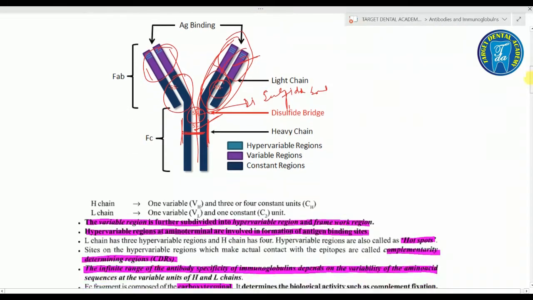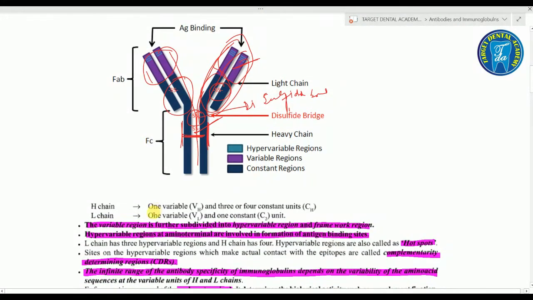The heavy chain has one variable VH and 3 or 4 constant units, while the light chain has one variable and one constant unit.